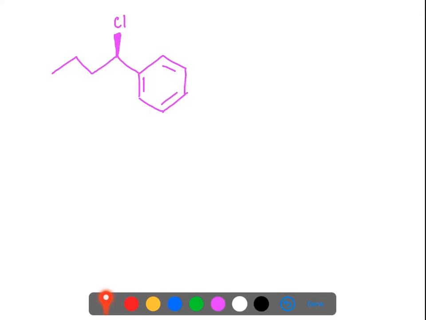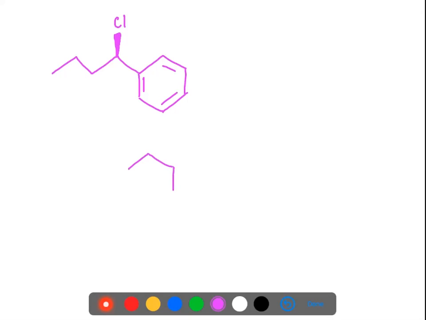Now, because there are two protons at the beta position, as shown, we won't have a stereospecific reaction. This will be an example of a stereoselective reaction. So what we would expect from the stereoselective reaction of this alkyl halide would be both a cis and a trans isomer.